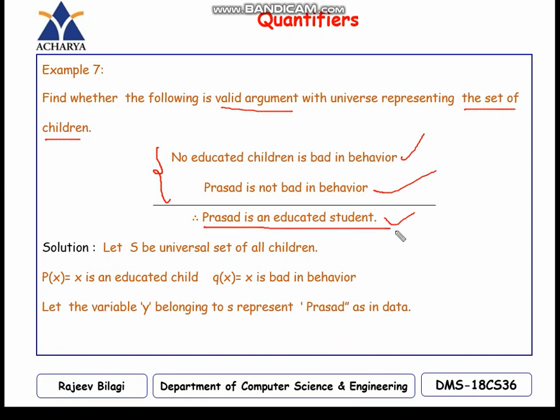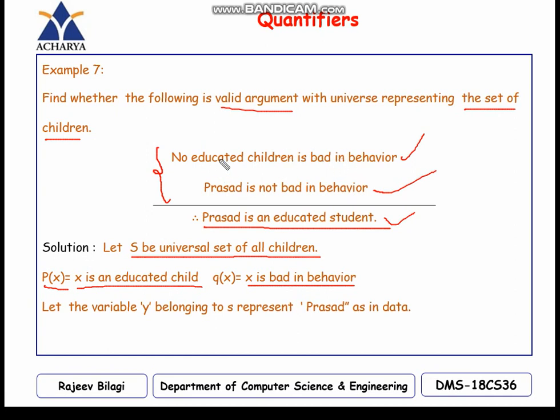Usually when you see this particular statement, I'll consider S being the universal set of all children. So I will take it as: x is an educated child, P of x, and x is bad in behavior, which combines both the statements here.